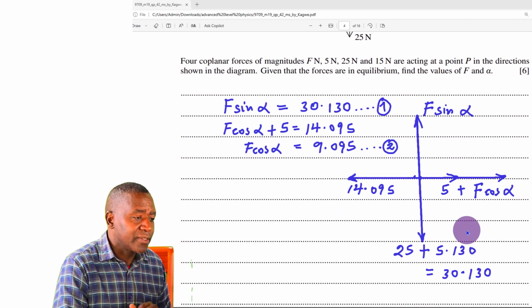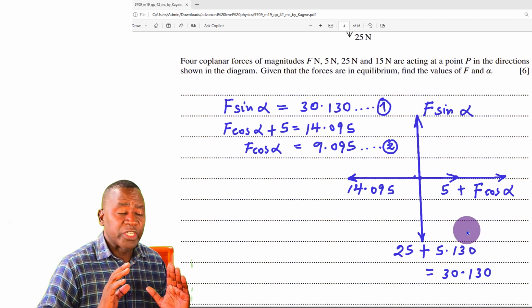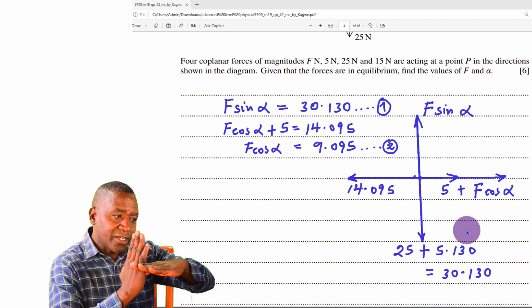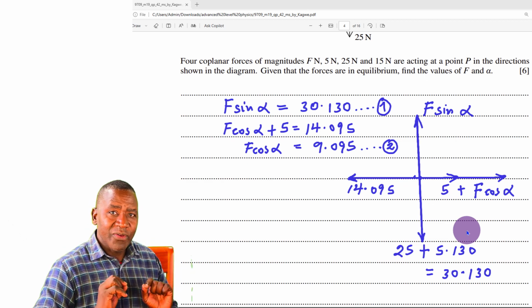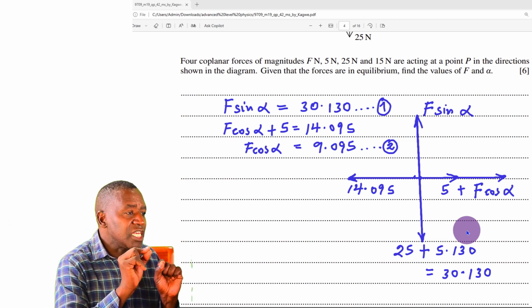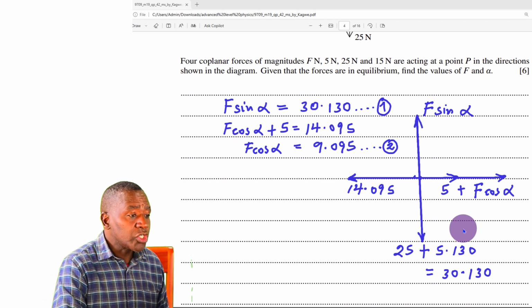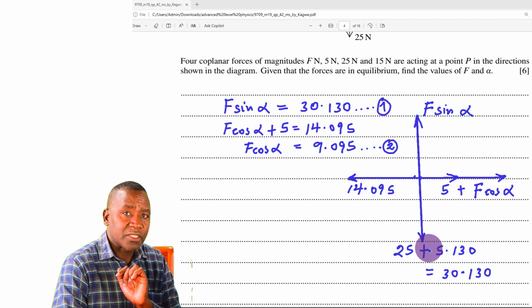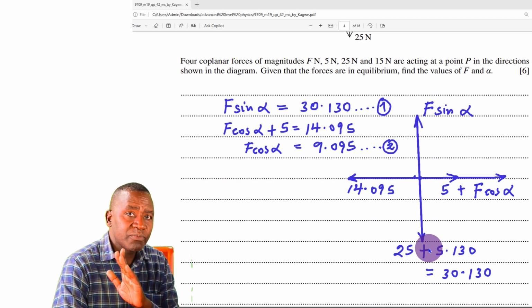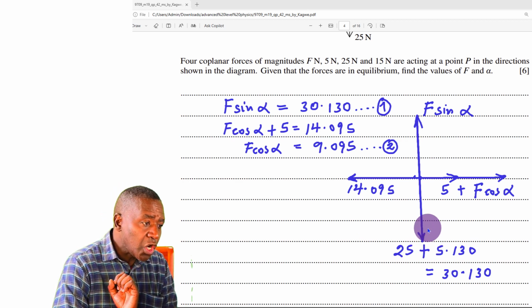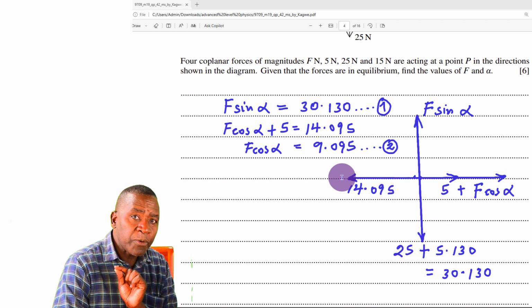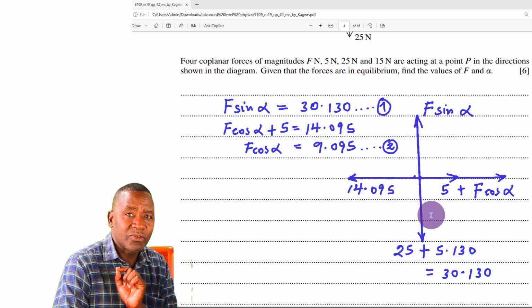You see? You make all components or all forces form some kind of a plus sign, so that now you can say, since the system is in equilibrium, the horizontal forces can be treated independently of the vertical forces. I'm going to repeat that because it's very important. All these forces are either acting in the same direction, or in opposite directions, or perpendicular to each other.